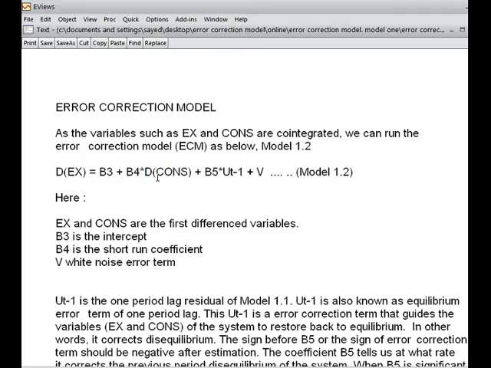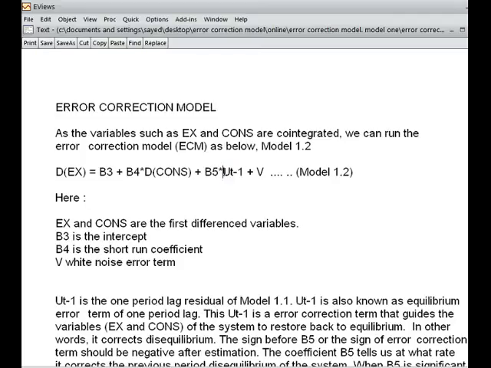That means cons variable has become stationary after first difference. And then another coefficient, which is B5. What is B5? B5 is the coefficient of ut minus 1.